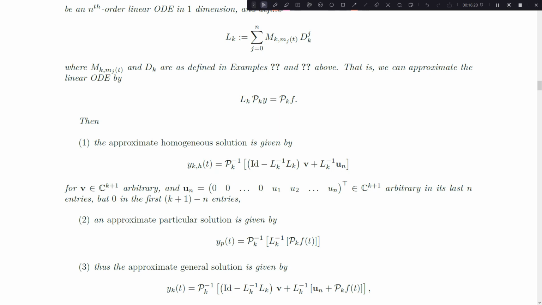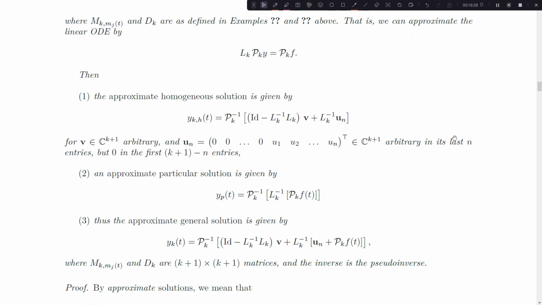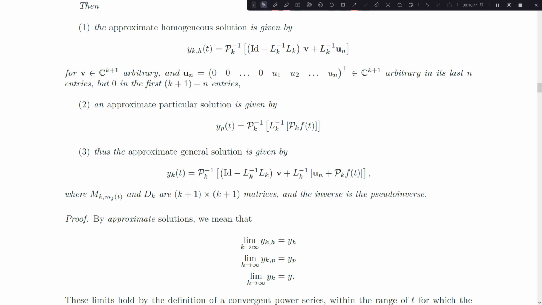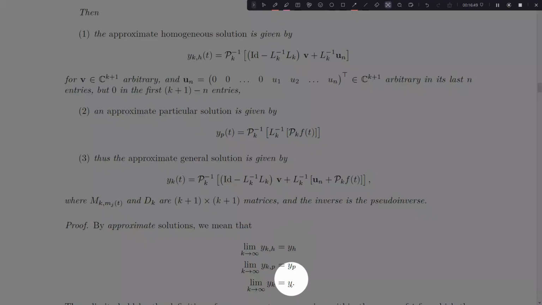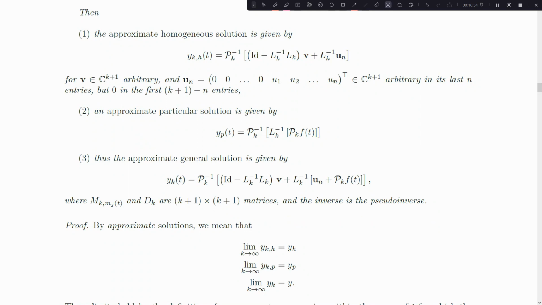That's the nice thing about this section, that these formulas work, and they work using the tools of linear algebra, which we 100% have perfect knowledge of. Computers can invert matrices day in and day out. They're never going to fail to give us a pseudo-inverse of a matrix. It might just take a long time. By approximate solutions, I mean that as k tends to infinity, we do actually recover the true solutions. In fact, the limit as I take k to infinity of each of these solutions will give me the solution to the ODE.